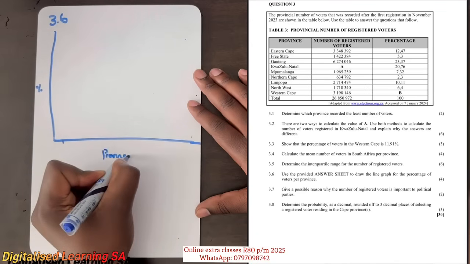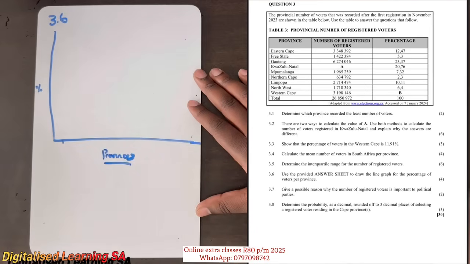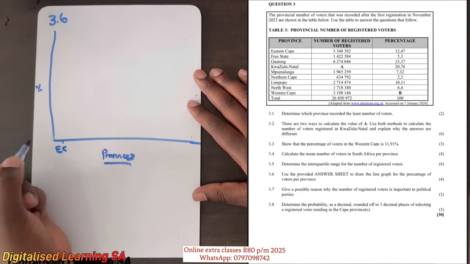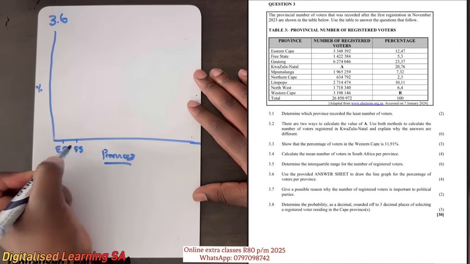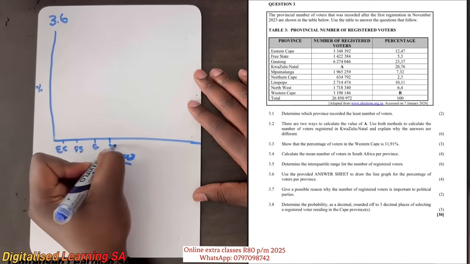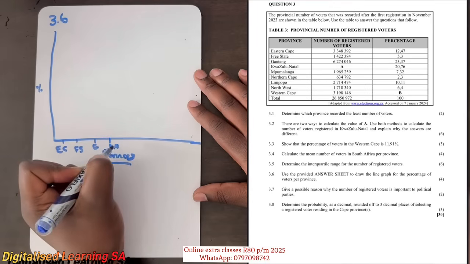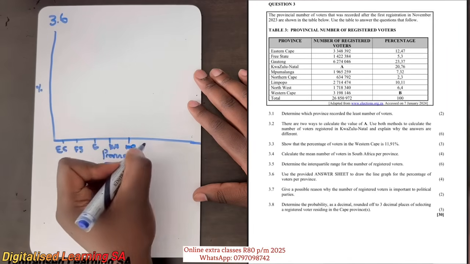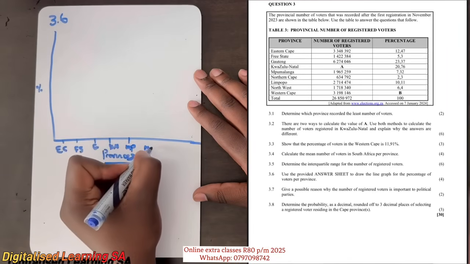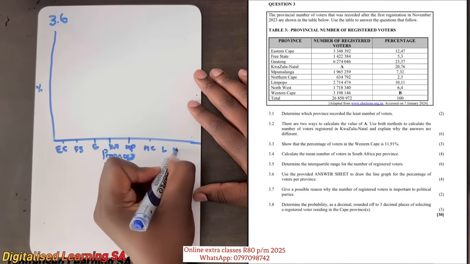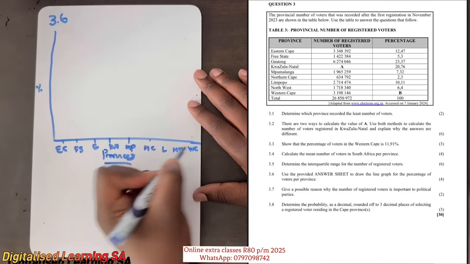Provinces. That's how it is described in the answer sheet they are talking about. So we'll start with Eastern Cape, then Free State, then Gauteng, then KwaZulu-Natal, then Mpumalanga, then Northern Cape, then Limpopo, Northwest, and Western Cape.